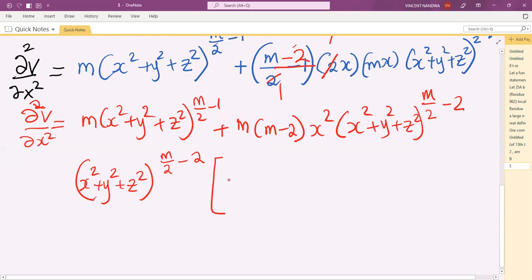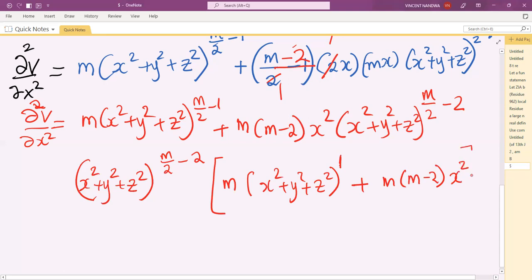So for this one here, we'll have m into x squared plus y squared plus z squared to the power 1. So that's 1, plus this will give me this term here, plus m into m minus 2 times x squared. That's what we have.